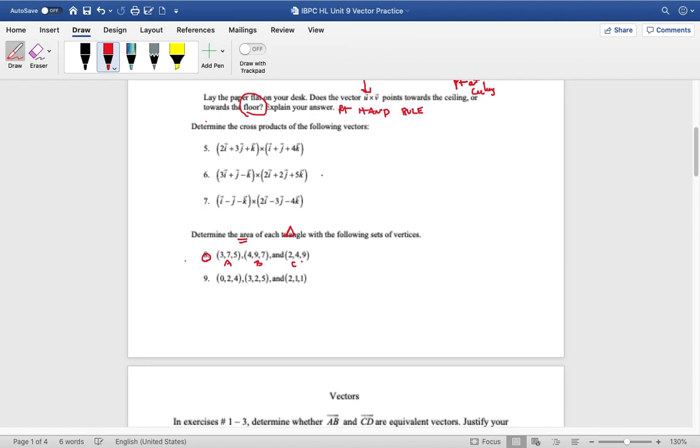And I'm going to say that vector AB is, subtract the B components from the A components, and I got 1, 2, 2. Check my math on that.